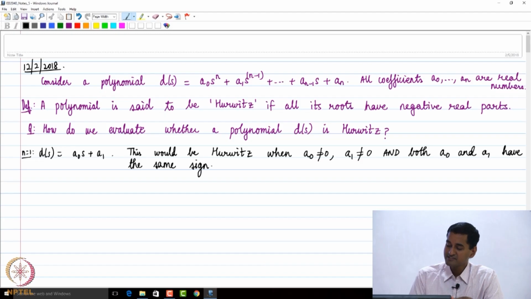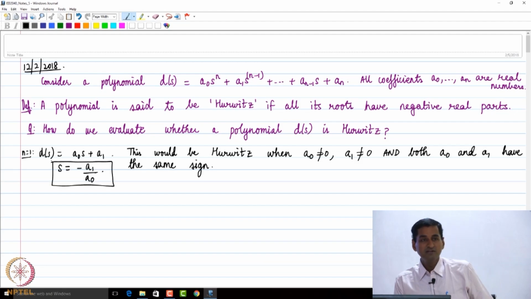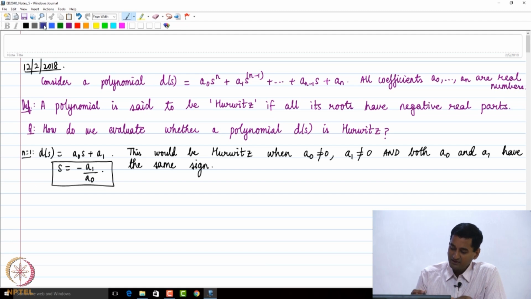Anyway, in this case it's pretty simple because the root is going to be just minus a1 by a0. That's the root of this first order polynomial, so the answer is pretty straightforward. If I want this real root to be negative, then this is what I want. So essentially I want both the real numbers to be of the same sign. So that's for n equals 1.